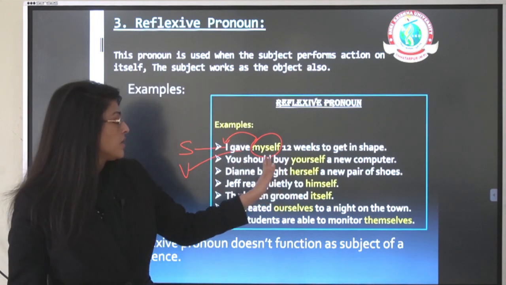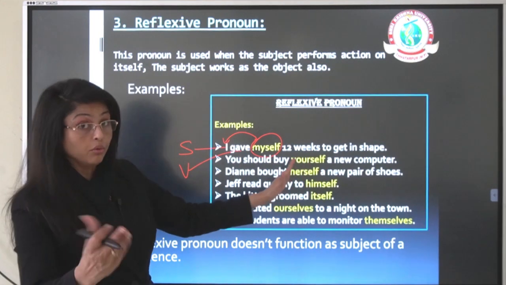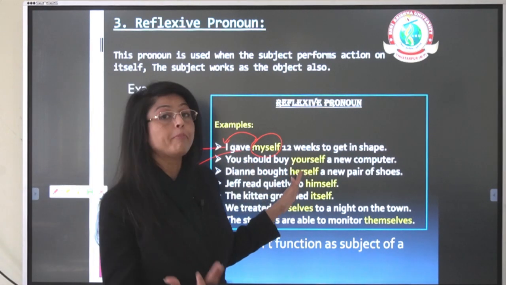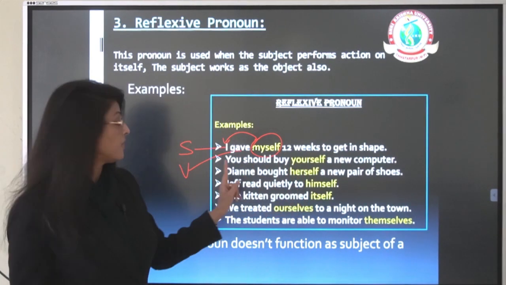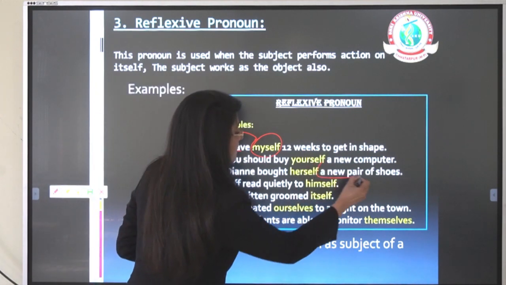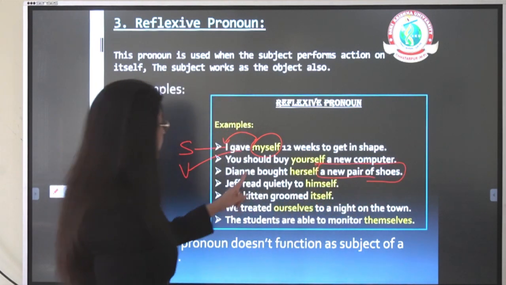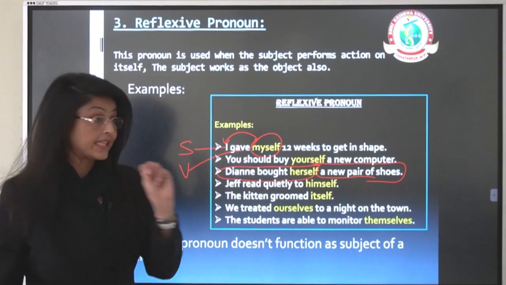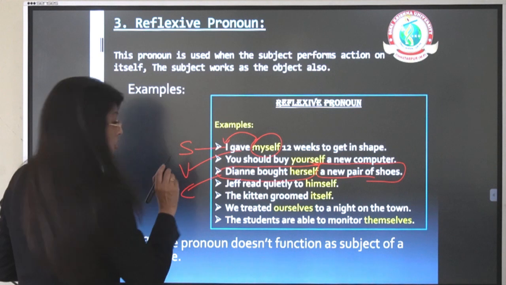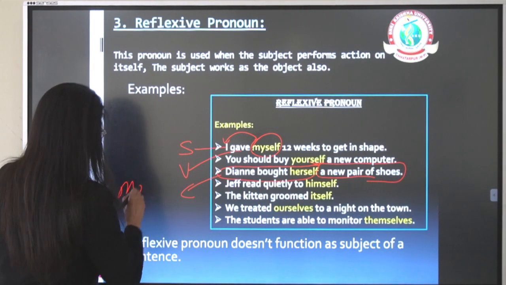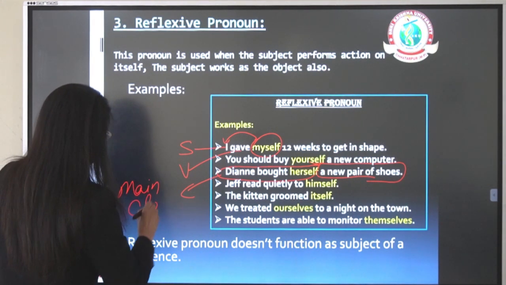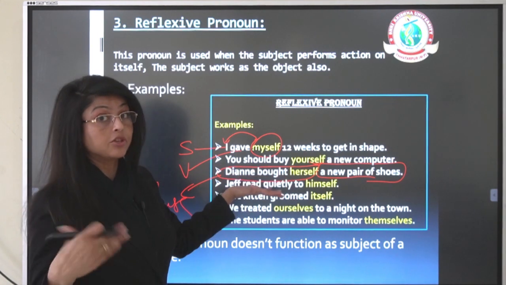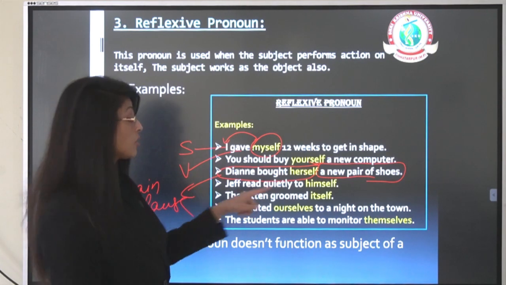You should buy yourself. Diane bought herself a new pair of shoes. If you divide the sentence, ideally, into two parts, the first part is called a main clause, which is independent, does not depend on anything. It is also called an independent clause.